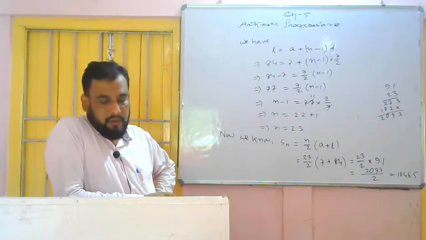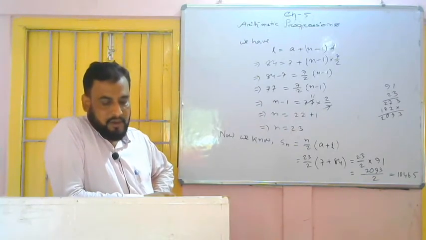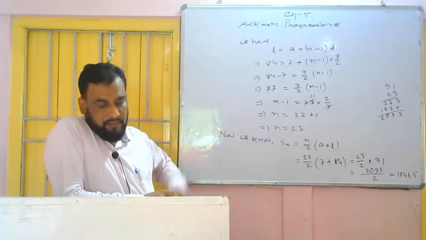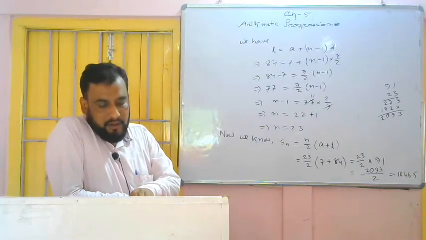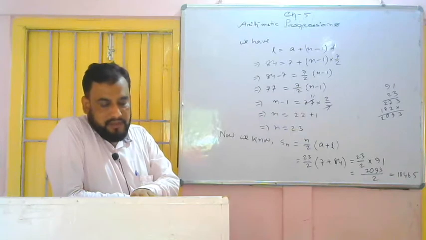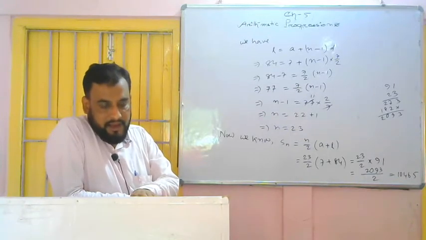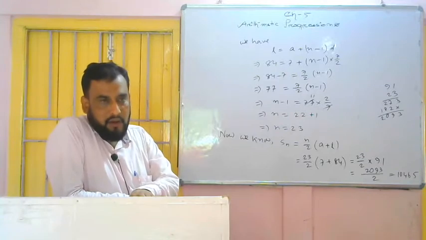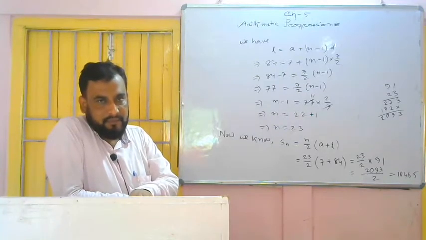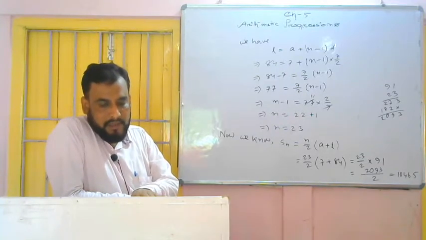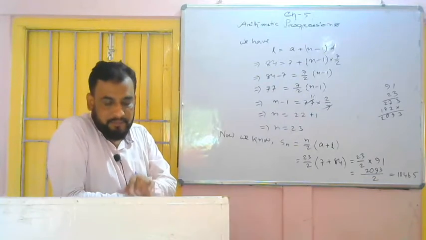Now come to question number 3. You see, in 3, some parts are given. A is given 5, D is 3, N is 50. We have to find n and Sn. Look at the book, page number 137. Question number 3.